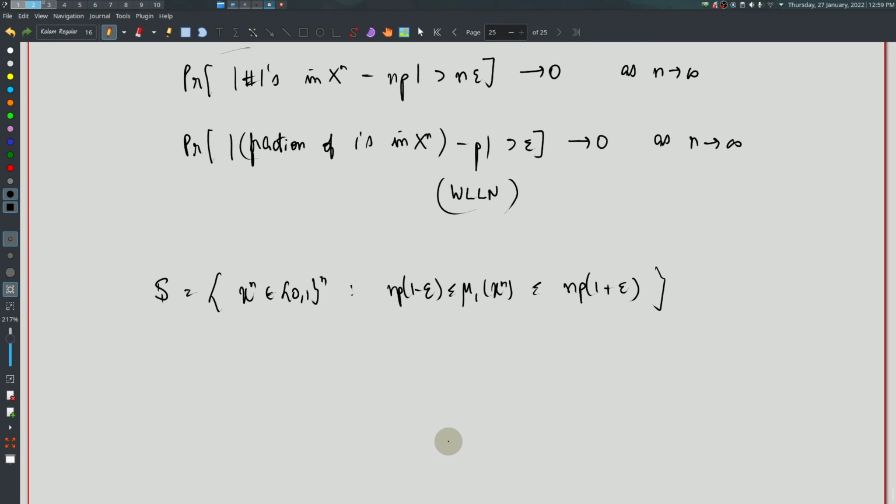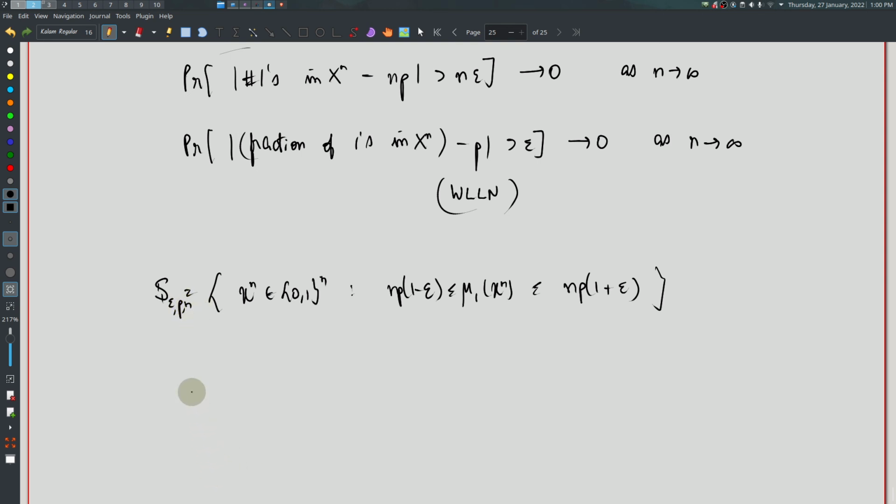So you look at only those sequences for which the number of ones in the sequence is close to n times p. Okay, so this is going to be some set. It's going to be a set which is a function of epsilon, a function of p, and a function of n.